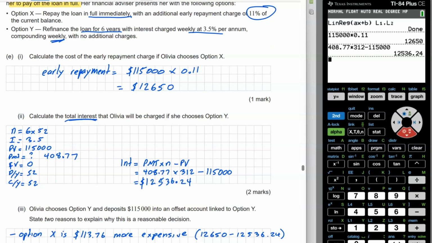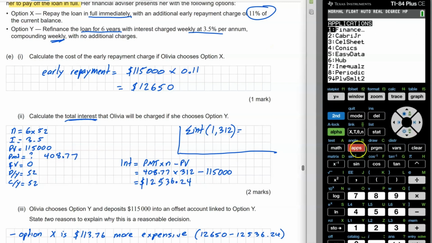Okay, now that was one way of doing it. If you want, though, you could do the sum of int. Again, we're going from the first period down to the 312th period. And let me just quickly make sure we've got the right thing happening back in here. We've got 312. Just change this to be 7. It's got to be the rounded number. Go back in again. Apps, TVM solver. Just get rid of that last one.